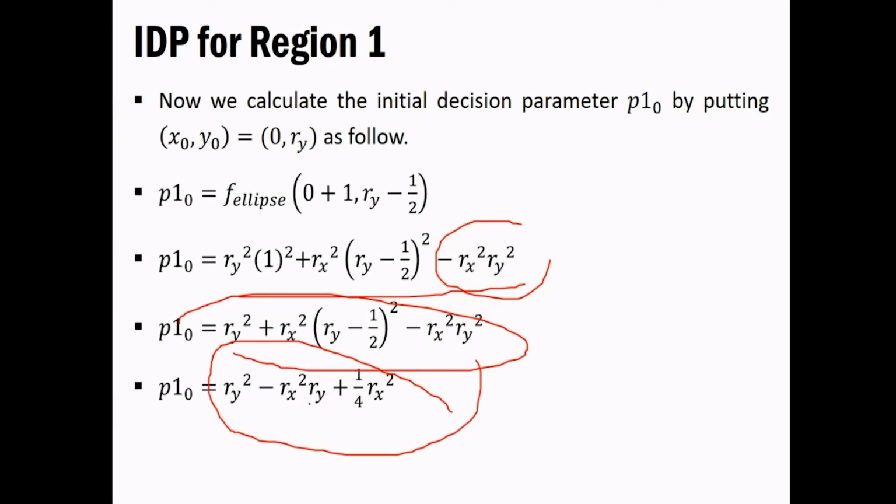So if you simplify this thing, we have just simply expanded this particular thing, and after the simplification process, we would be remaining with a very simple term, that is this. Okay, so you have to keep this in mind, and that is what you got. That is the initial decision parameter. So at first, the initial decision parameter for region 1 is this. So you have to write this thing in your notebook.